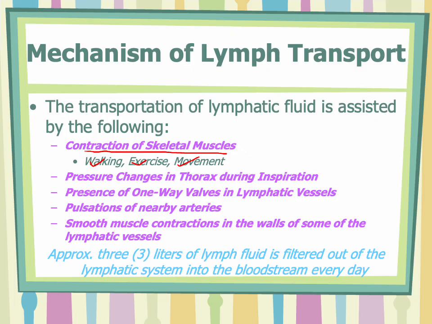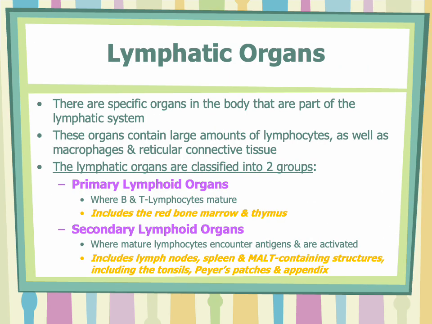There are pressure changes in the thorax, the presence of valves, pulsation of nearby arteries, and the smooth muscle contraction of the walls of some lymphatic vessels. Okay, so as you guys can see, it resembles the veins more. Approximately 3 liters of lymph is filtered through our lymphatic system. That is a lot.